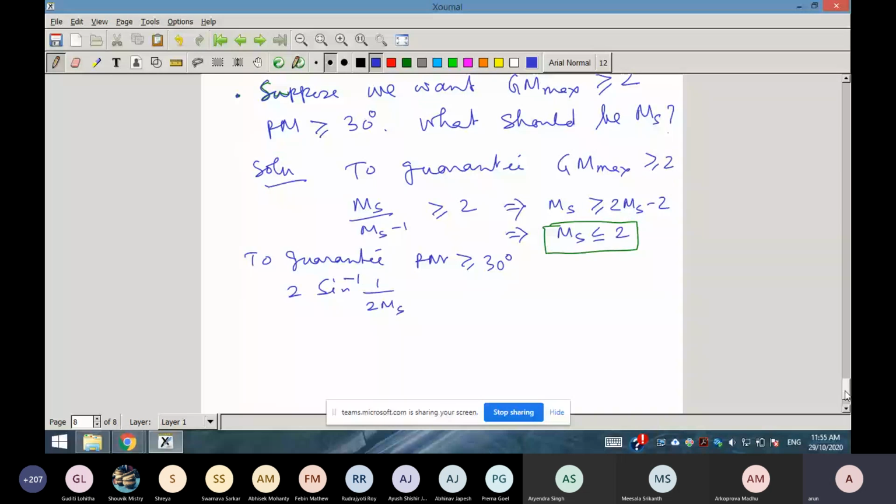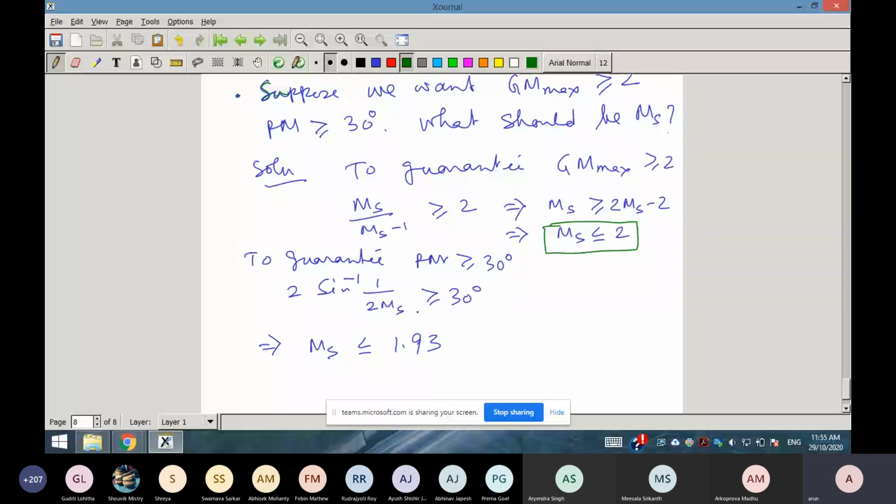If you solve this inequality, then ultimately you will get Ms should be less than or equal to 1.93. Please check it. I have already checked; I am not deriving this one again. Then sine inverse 1 by 2 Ms would be 15 degree, then 1 by 2 Ms would be greater than or equal to sine 15 degree. From there you will get it.